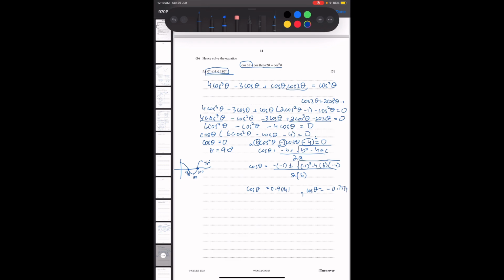And now firstly I'm going to look at cos theta is equal to 0.9041. So I want to find alpha first. Alpha is the basic angle, so alpha is going to be cos inverse of 0.9041. Alpha is 25.3 degrees, and over here alpha is cos inverse of minus 0.7374.